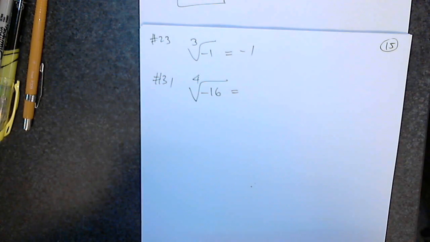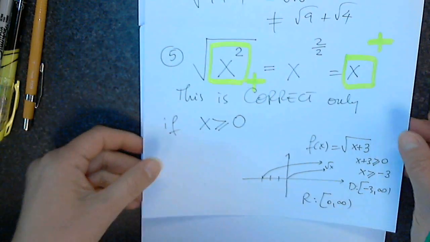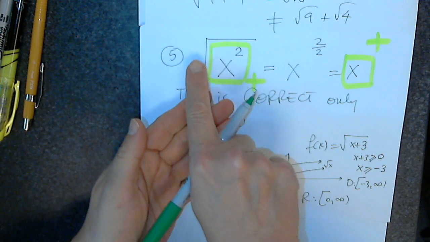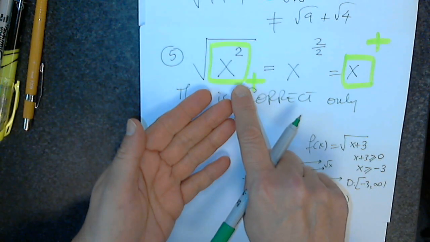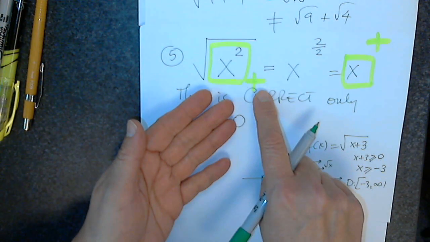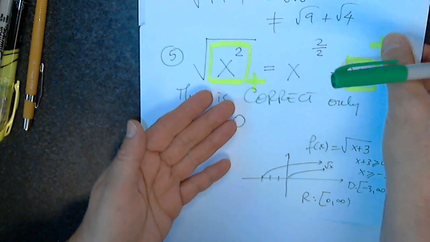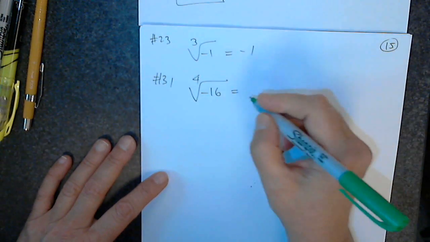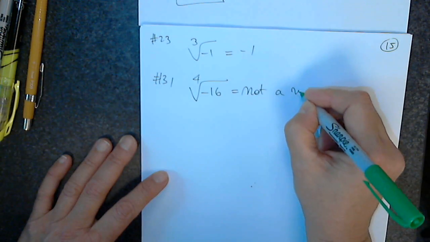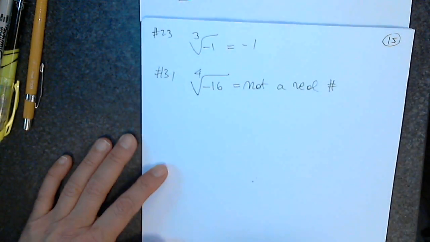Say it again. Of course. We just mentioned that. If the index is even, the quantity under the root must be positive. If the quantity under the root is not positive, we will have to write not a real number.